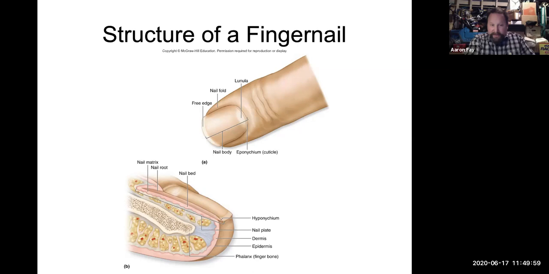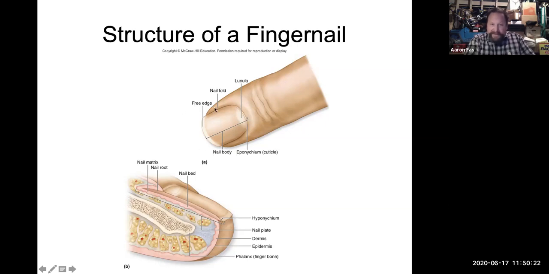So nail is being created in this area, and as more keratinocytes are crushed together, the nail starts being pushed that way. And then you just trim off the edges of your free edge. So the nail grows from the nail matrix and moves distally, or away from the nail matrix.